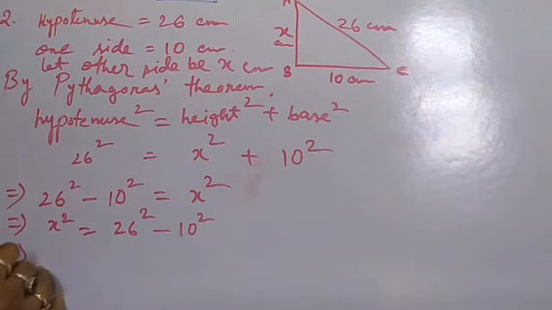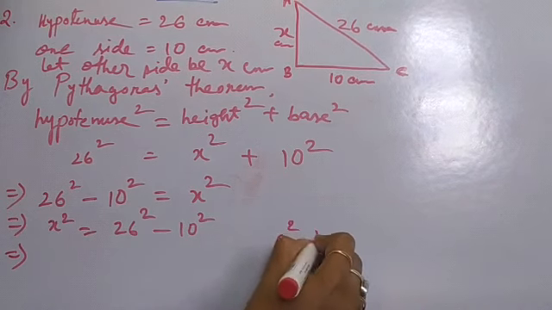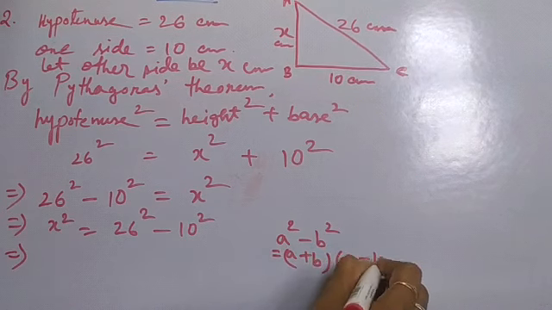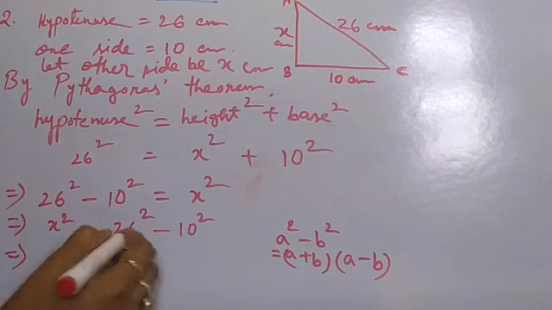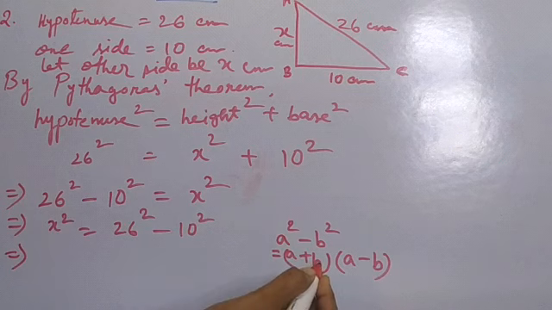Here we can use an algebraic formula, that is a square minus b square equal to a plus b into a minus b. So we can use this here. Suppose 26 is a and 10 is b. So a plus b into a minus b.